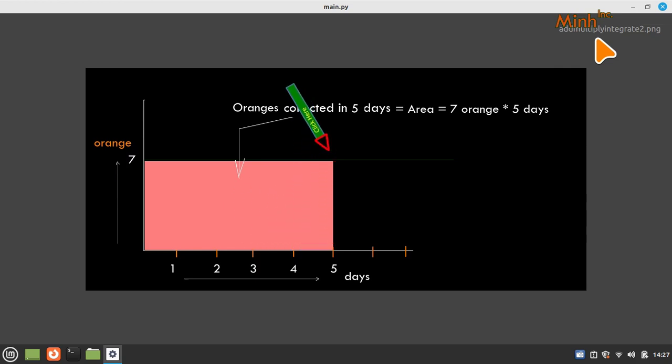So this can be a graph, and this is the scenario. So 7 is a kind of constant, and everyday collection is constant, and for 5 days, so this will be a graph.